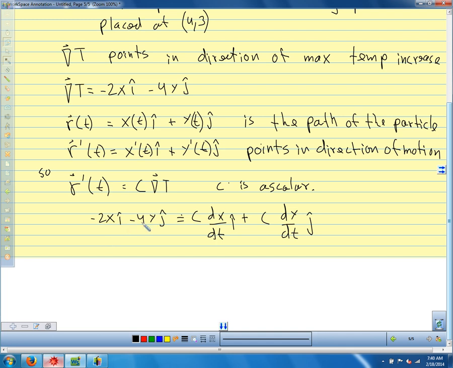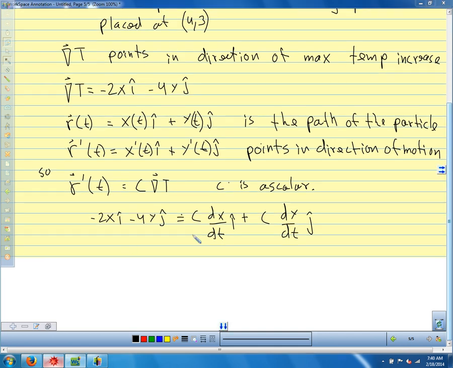The gradient is a scalar multiple of r prime. And I'm going to equate these two components. So c dx/dt equals minus 2x, and c dy/dt equals minus 4y.